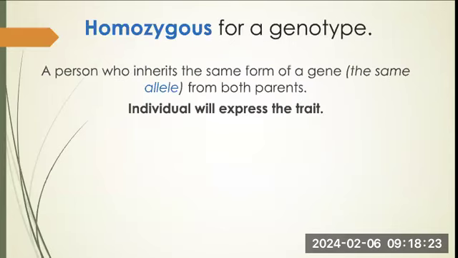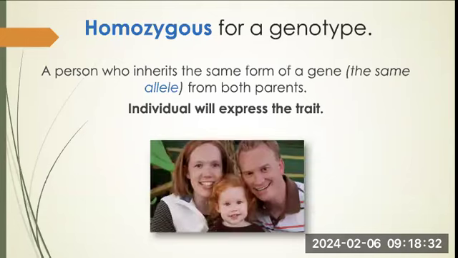Okay. So if a person is homozygous for a genotype, that means they got the same type of gene from both parents. A type of gene is an allele. So if they have it from both parents, then they're going to express the trait, right?